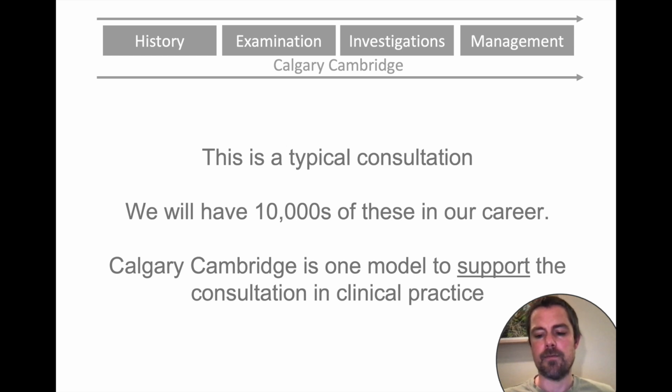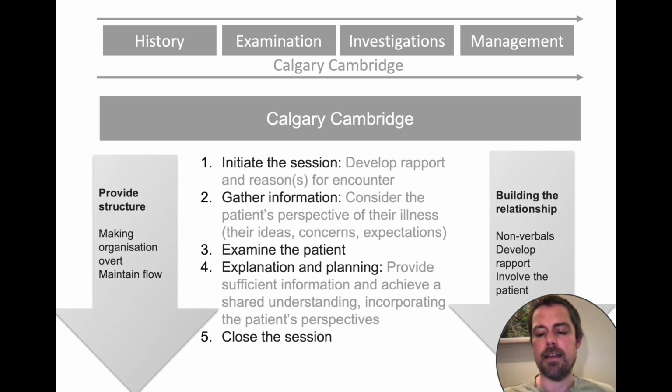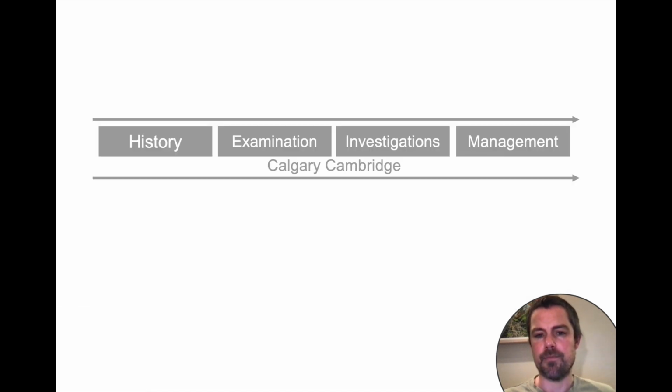And we engage in thousands of these in our careers. This is Calgary Cambridge, which is one model that we use to support our learning and our development in the consultation. Where does EBM fit in the consultation?